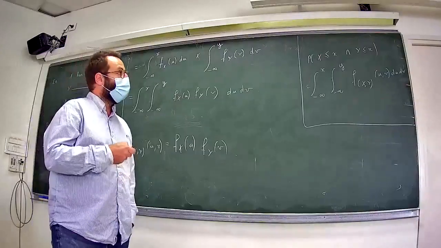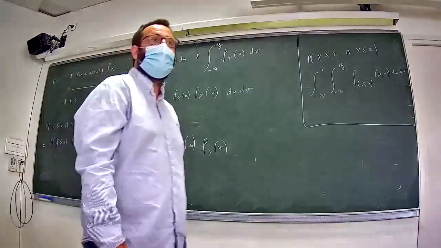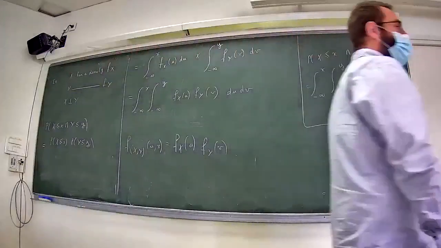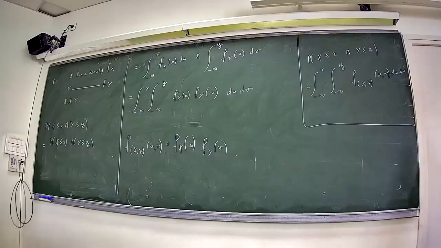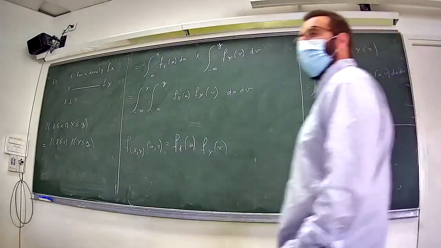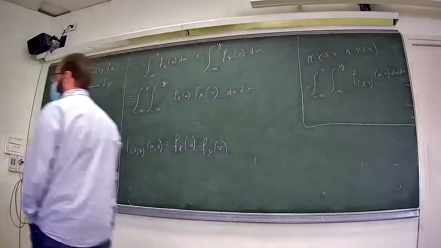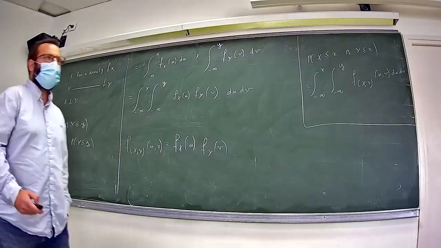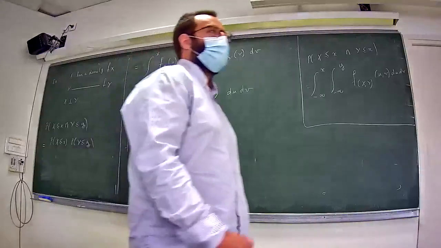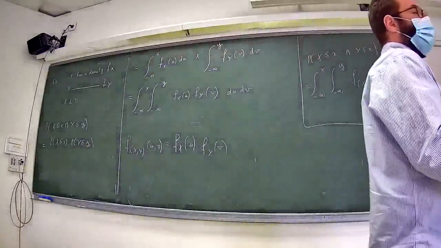So if you have this equality that is true, and if I give you a particular form for this term here, you will be sure to obtain the joint density function of the pair XY if you compute a second derivative with respect to x first and with respect to y.